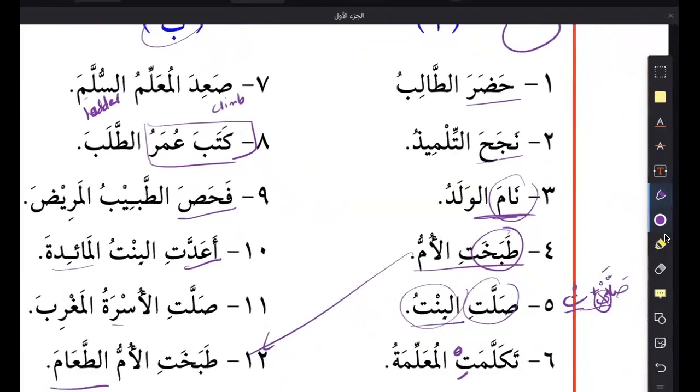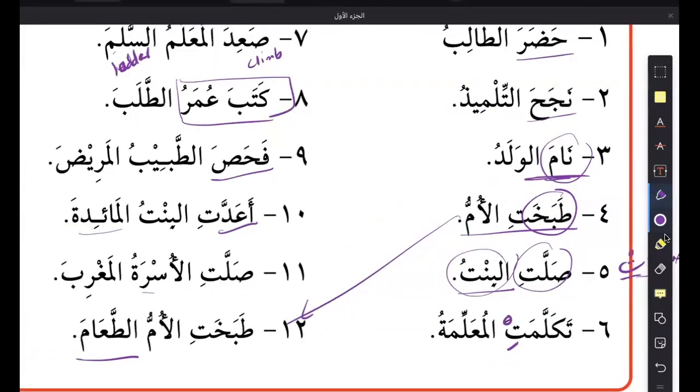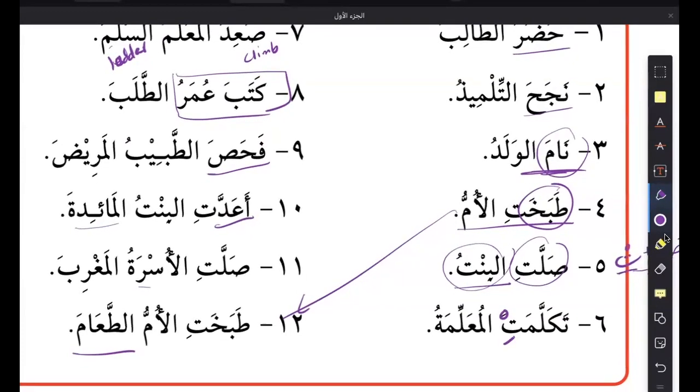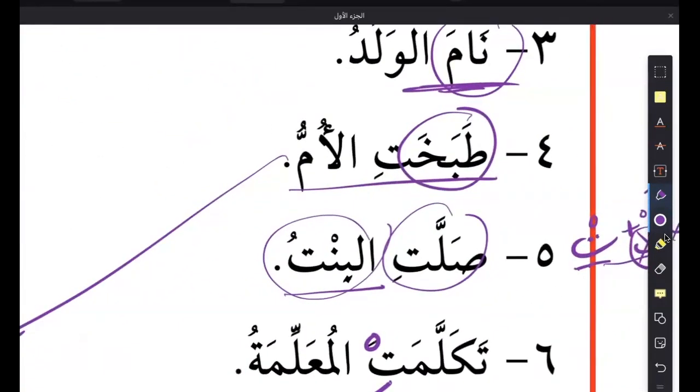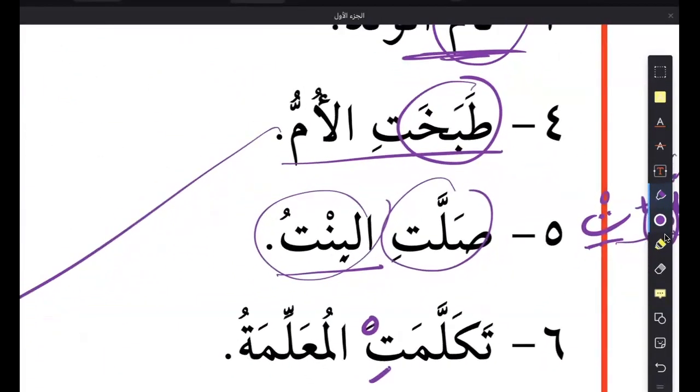What they're doing here is not saying that a transitive verb would 100% require an object, because you might get confused, since sometimes you will see transitive verbs being used as intransitive, meaning they don't use any object. For example, here, sallatil bint, the girl prayed.